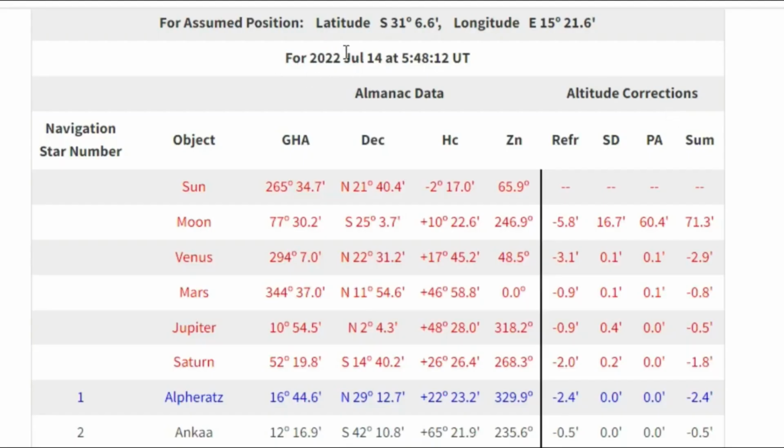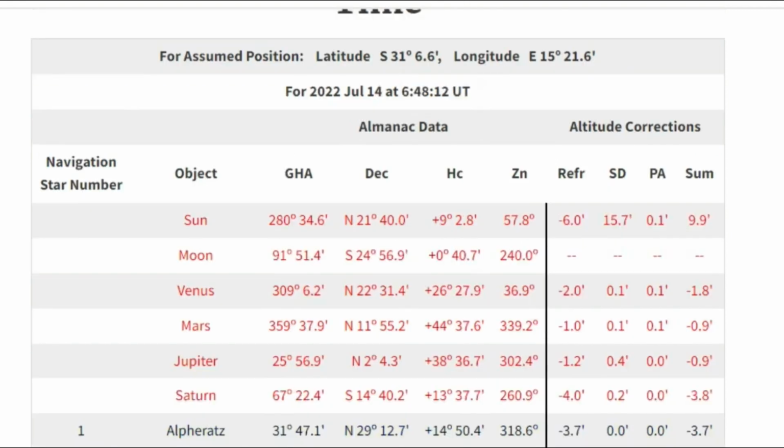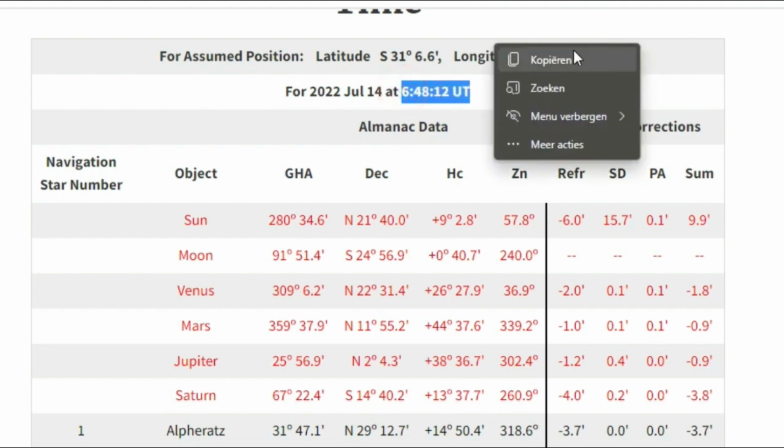I'm here at July 14 when you took the observations at 5:48 and approximately on the same location. So 15 degrees an hour, you say. Let's move an hour forward. 6:48, same location.